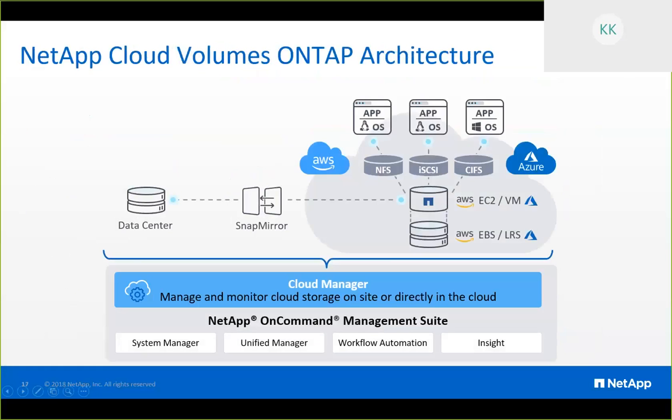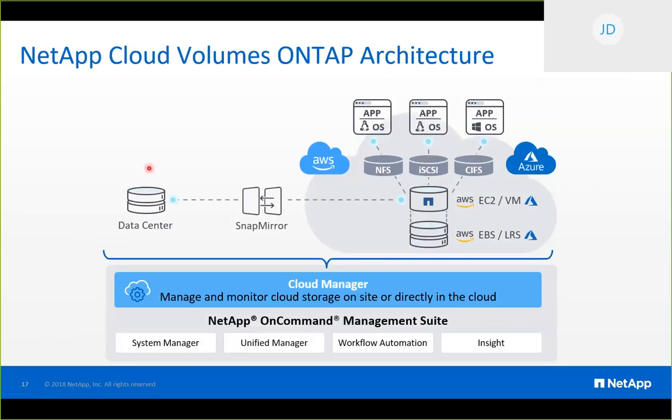So I'm going to conclude our architecture diagrams with just a quick picture of everything put together. So when you have Cloud Volumes ONTAP running in the cloud and you connect it to your on-premises data center for DR, this is what it looks like.